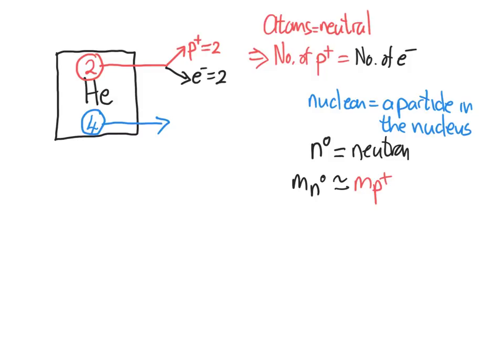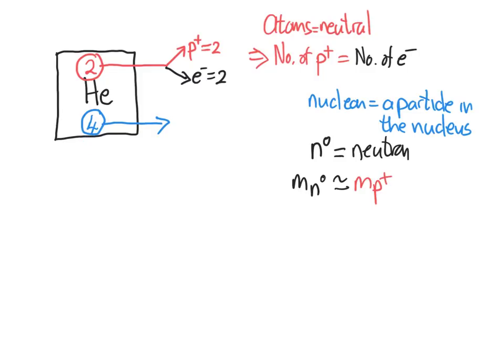The neutrons and protons are way more massive and heavier than electrons. So most of the mass of the atom lies in the nucleus. And therefore, this is why the nucleon number is also referred to as the mass number.